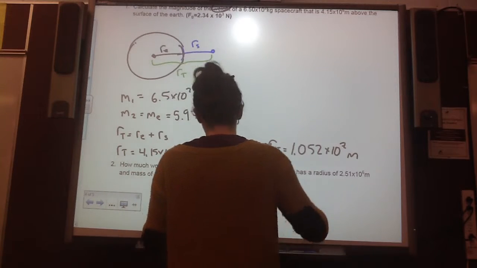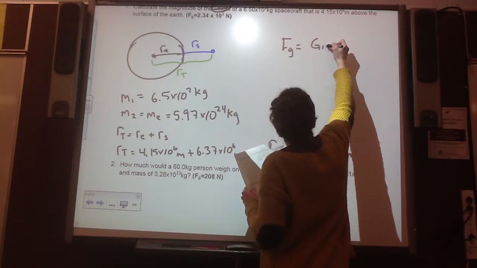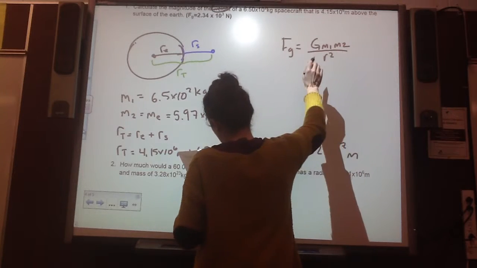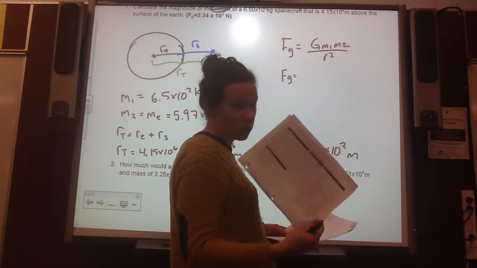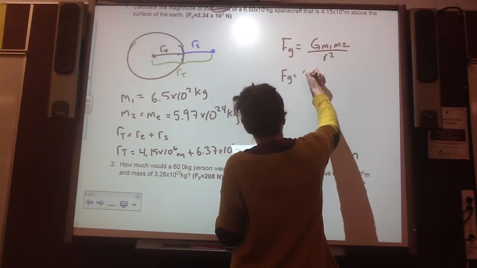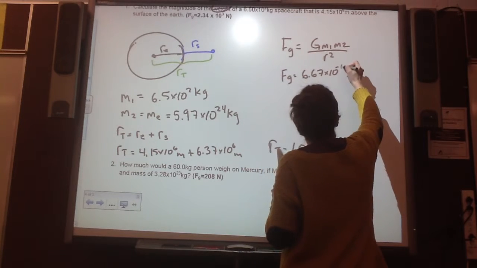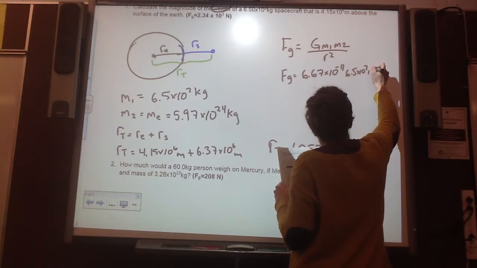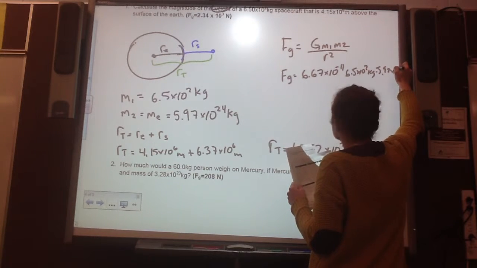Okay, now I can plug this into my actual formula. Fg is equal to G times M1 times M2 over R squared. Remember to square your R. My big G is my constant, which is again in my data booklet, so this needs to be pretty handy. So it's 6.67 times 10 to the power of negative 11 times 6.5 times 10 to the 2 kilograms times 5.97 times 10 to the 24.